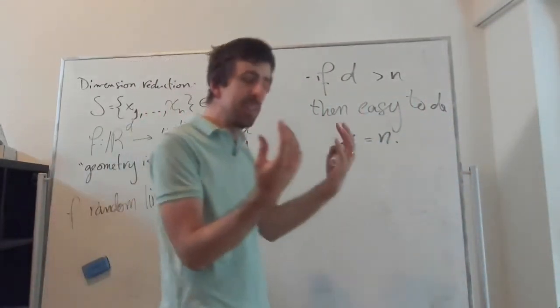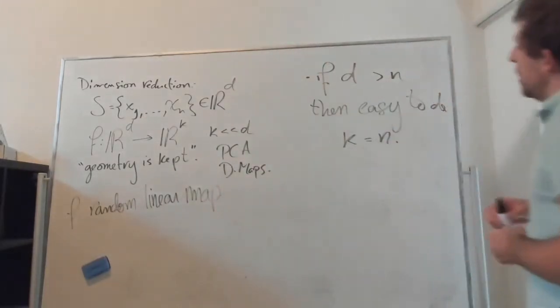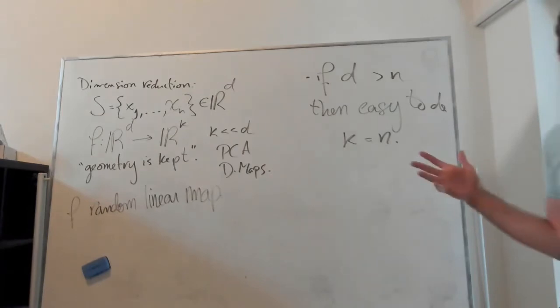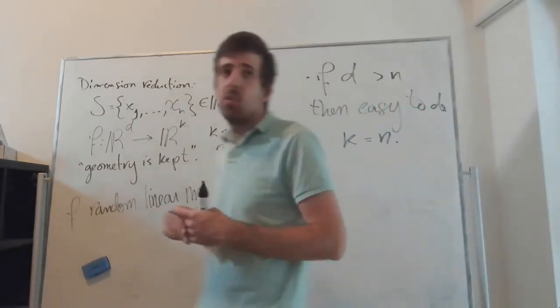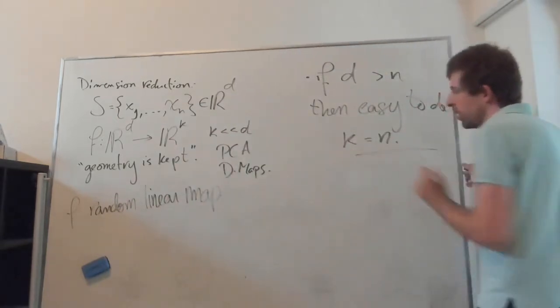N points in d dimensions, if d happens to be bigger, really only belong in n dimensions, whatever dimensions they span. And so this is completely trivial and not interesting.